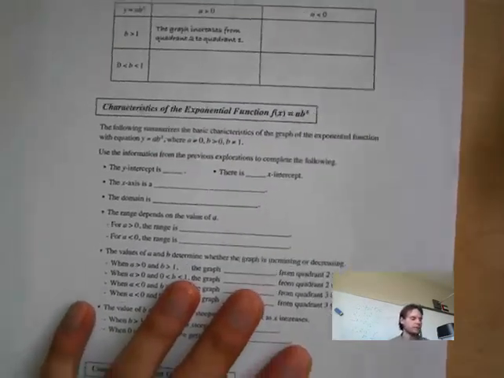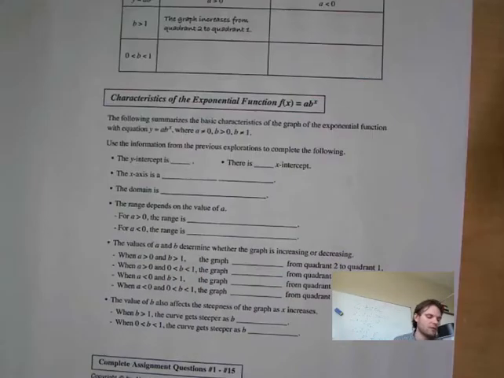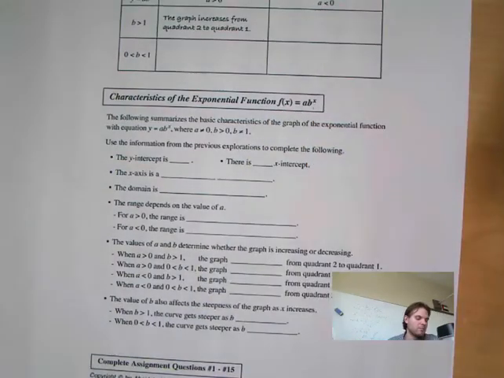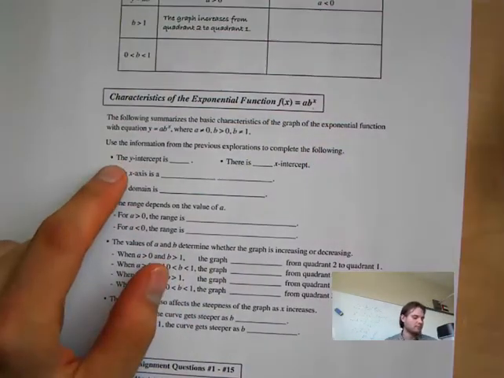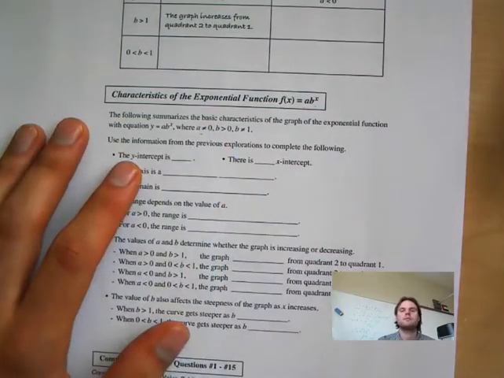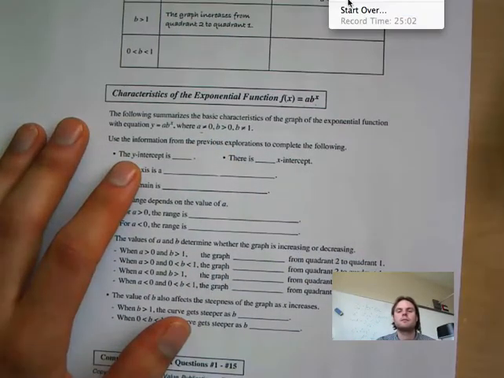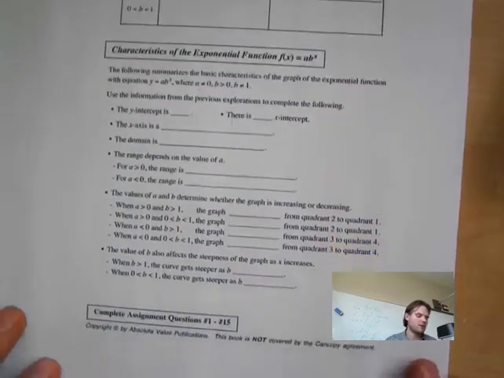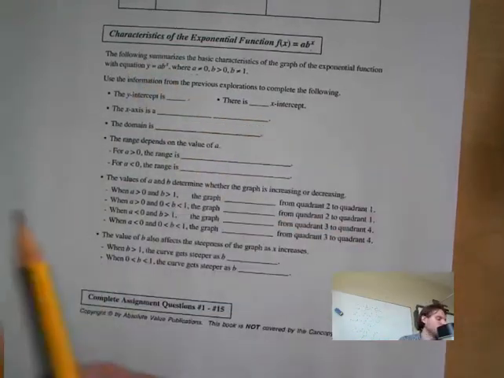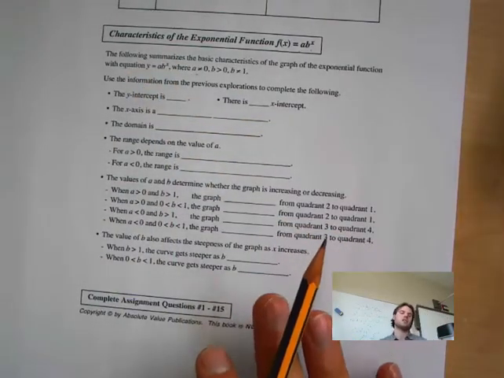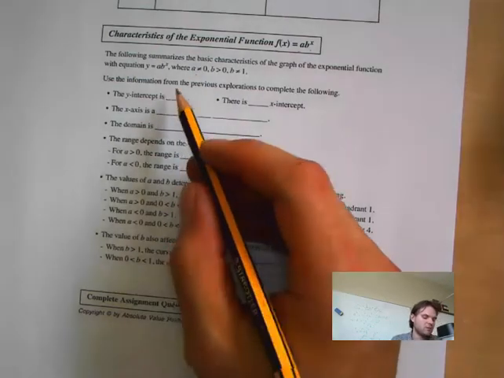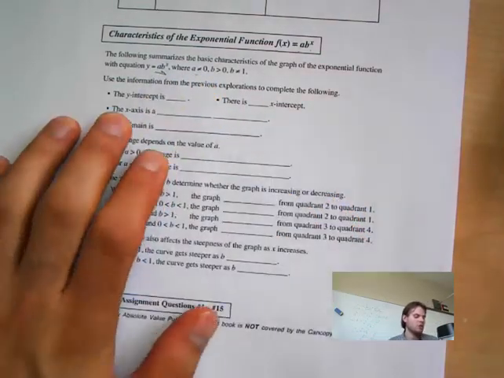Okay, now welcome back. So the characteristics of the function f of x is equal to a b to the x. Here we're going to summarize everything we learned from all of our explorations that you were supposed to finish. When we're always looking at this equation, what is the y-intercept?